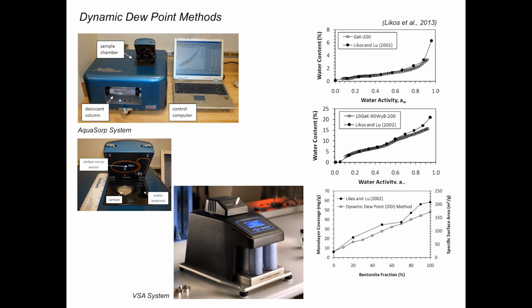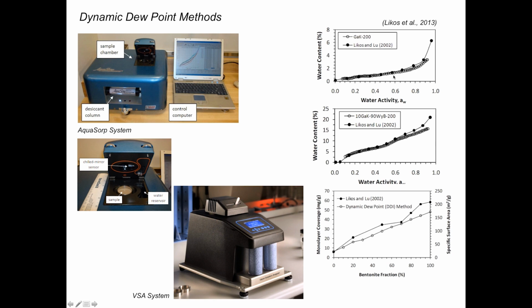And so this is a comparison, for a pure kaolinite, where these closed circles here are steady state measurements of the sorption isotherm at these fairly coarse increments in vapor pressure, and these open symbols here are the dynamic measurement.